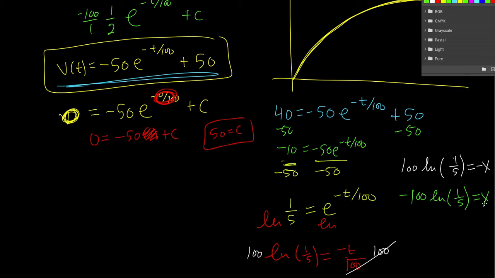Now, if we plug that into a calculator, the answer is going to be 160.9 seconds. So after almost 161 seconds, that's when we're going to get up to 40 meters per second for our velocity.